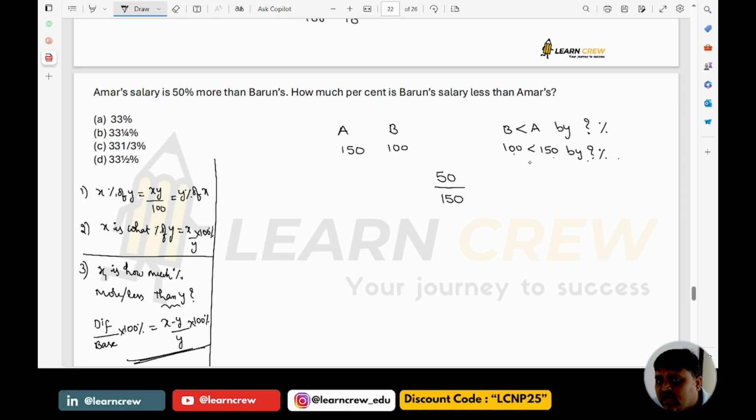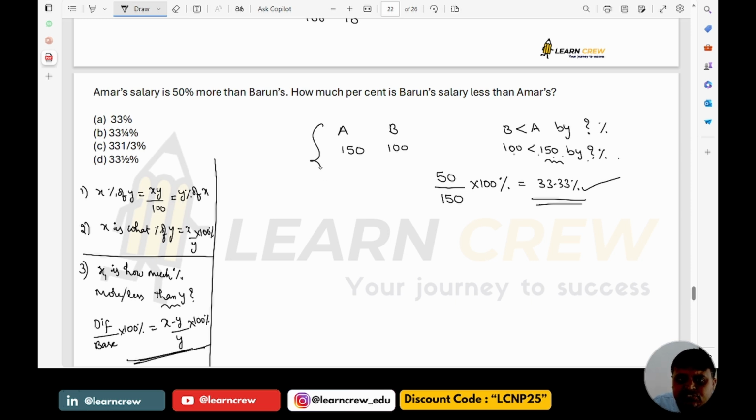Blindly remember, after than whatever you get is the base. 100 is less than 150. After than you are getting 150. So 150 is the base. Difference by base into 100. So 50 by 150 is 1/3. 1/3 means 33.33%. 33.33% is the answer.